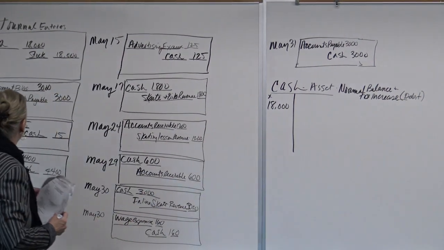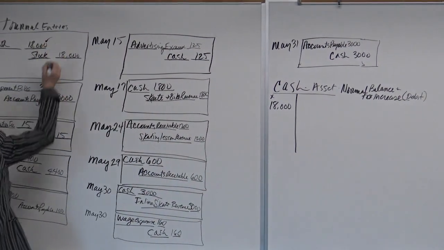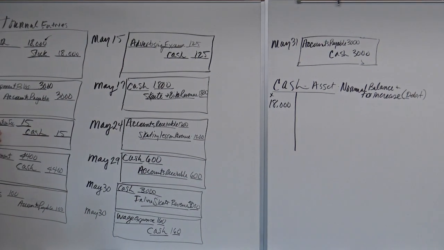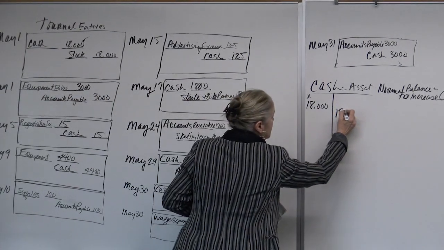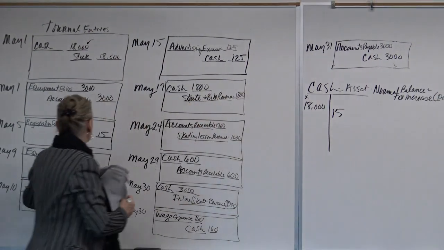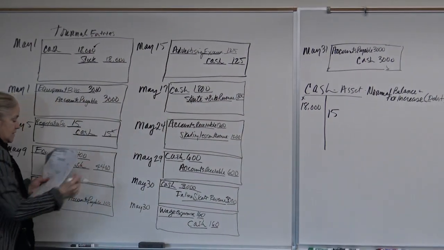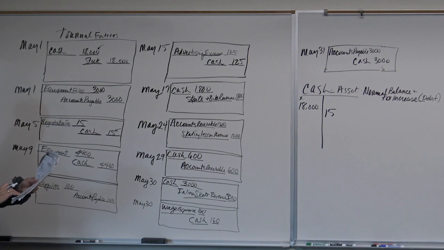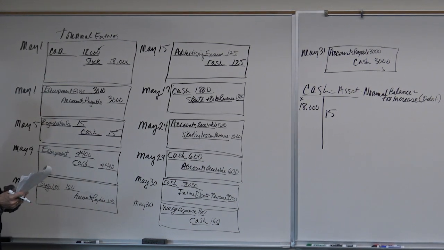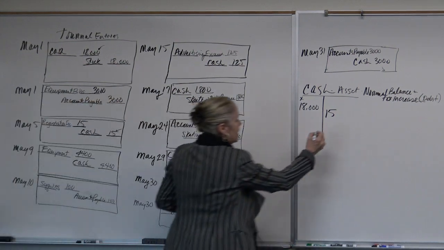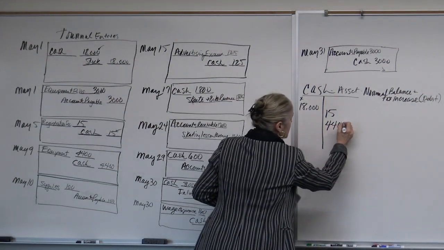Okay, then we go back here, we'll take care of that. We have then $15 for registration fee. We're lowering cash by $15 for that registration expense, which is what we have here. Okay, and then we also have $4,400 that we reduced cash. That's $4,400 in cash being lowered.